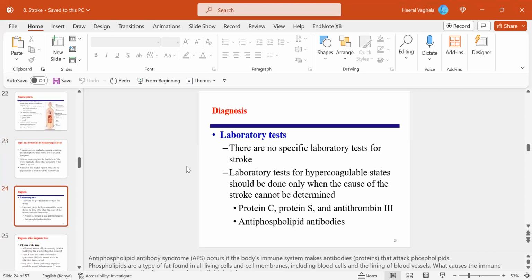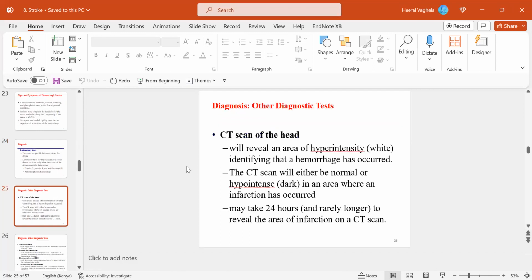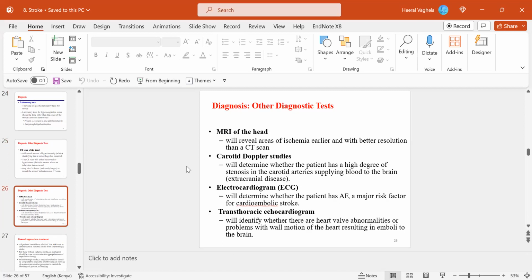For lab tests, again, you look at the coagulation cascade, like proteins C, S, and antithrombin. Then you do a CT scan of the head to see where the plaque is or where the hemorrhage is occurring. MRI, ECG, and Doppler studies.